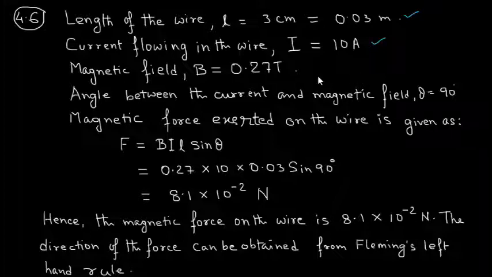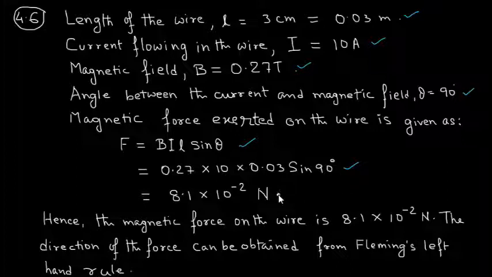Magnetic field B is equal to 0.27 T. Angle between the current and the magnetic field θ is equal to 90°. The magnetic force exerted on the wire is given by F = BIL sin θ. Putting the values, we get 0.27 × 10 × 0.03 × sin 90°.